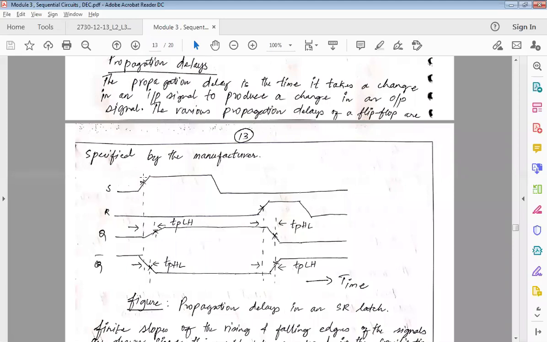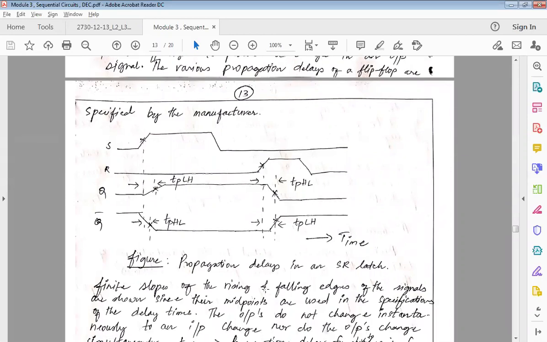We will take a point in S and draw a dotted line as a marking, and we will do the same for R. Once this is done, we will look into new definitions called rise time and fall time.